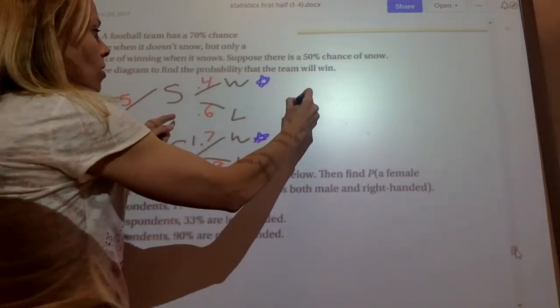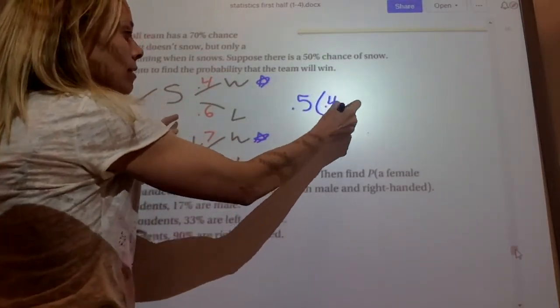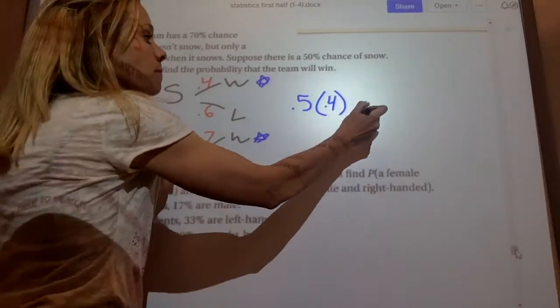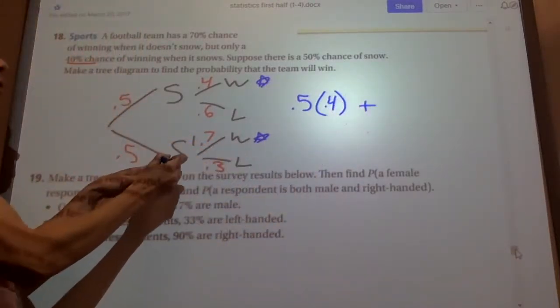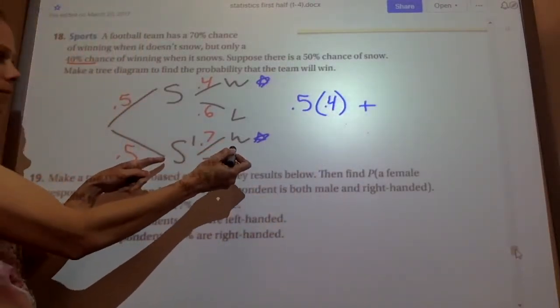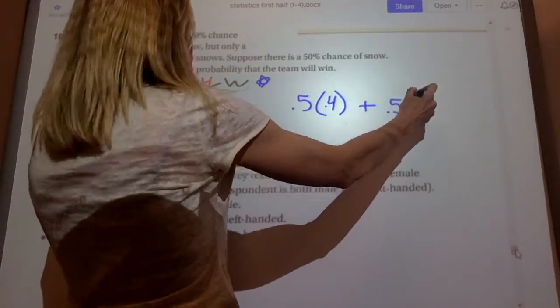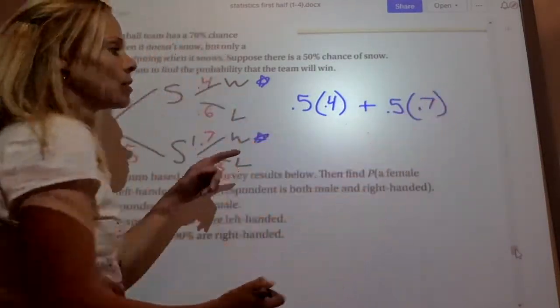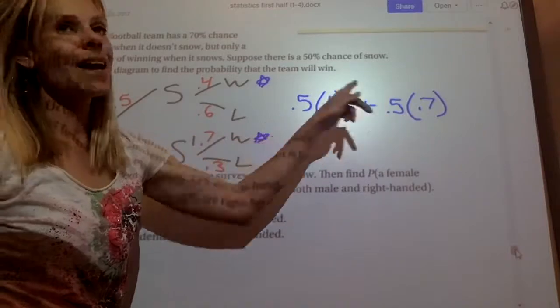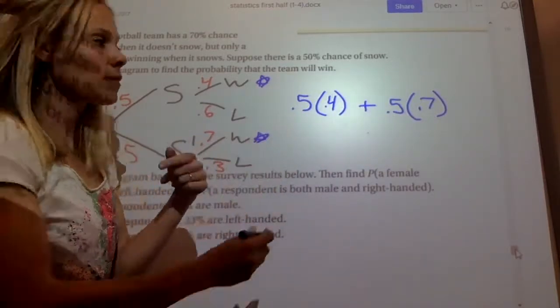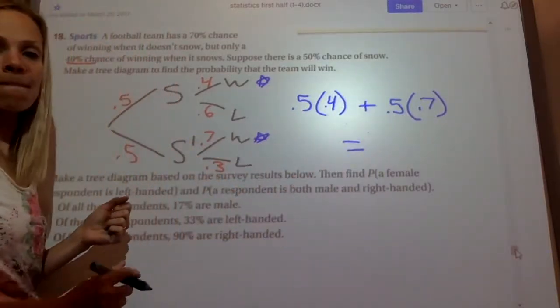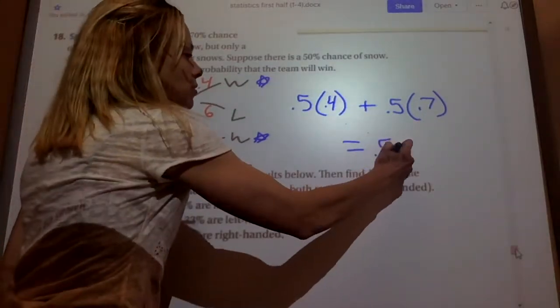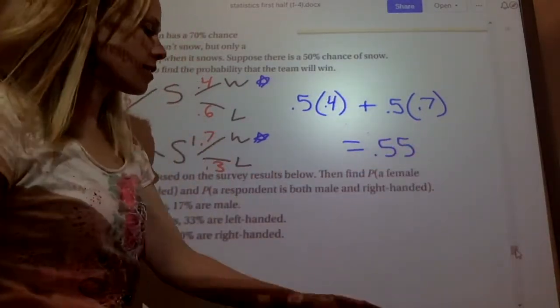Or I can have no snow and a win. So that, again, would be multiplying. And means multiply. So you have an or statement with and statements. And what's that? So 55% chance that we'll win.